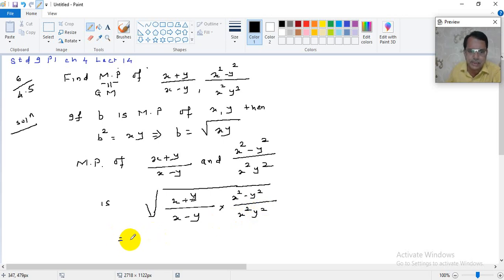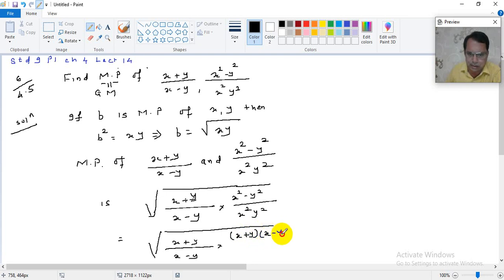Now what happens here is this is root of, you can say here x plus y upon x minus y. This x square minus y square, it is of the type a square minus b square, so you can factorize that. So what you get is x plus y into x minus y, and that is to be divided by x square y square. So this x minus y will get cancelled with this x minus y.